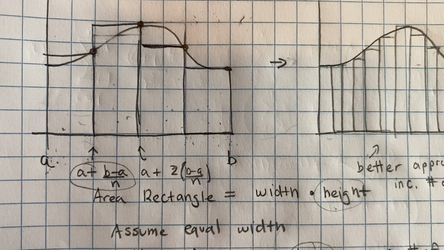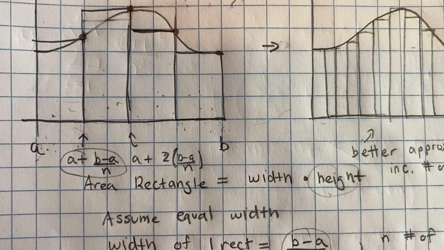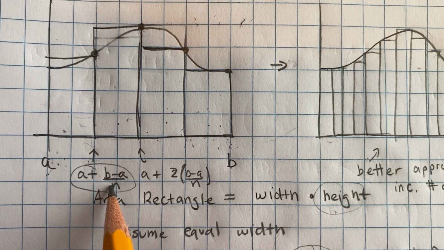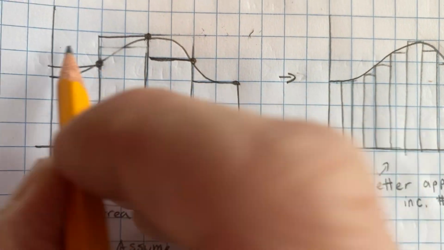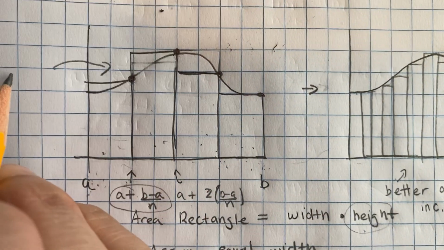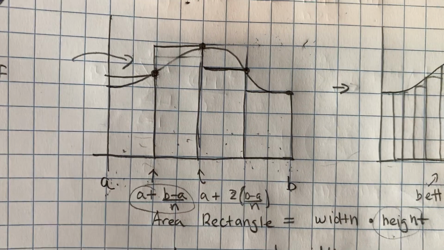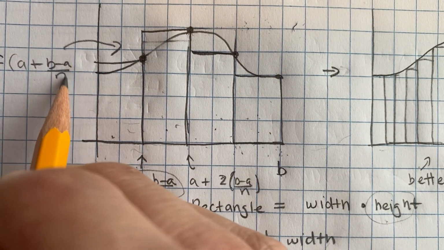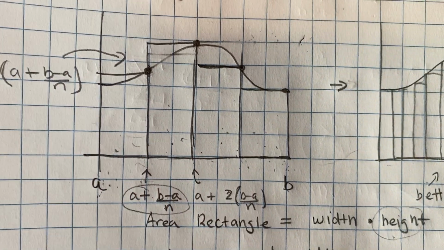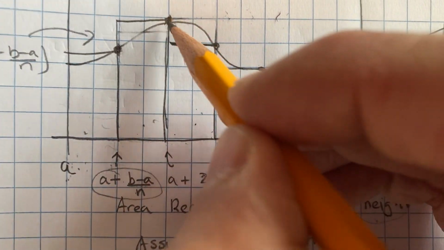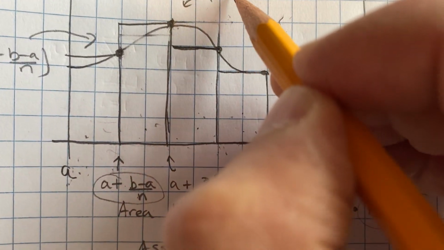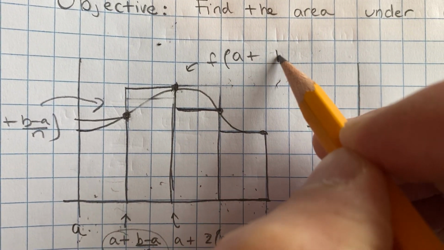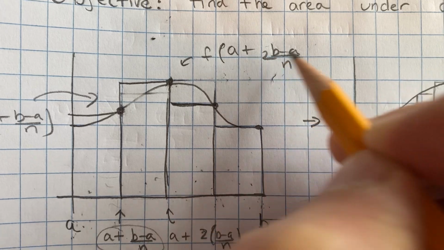Okay, so how would I come up with an expression for the height then? The height is, if this is the x value right here, the y value is f of a plus b minus a over n, right? If I say, hey, what's the height over here? You would say f of a plus b minus a over n times 2, right?